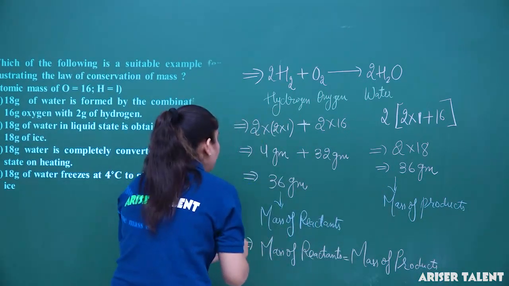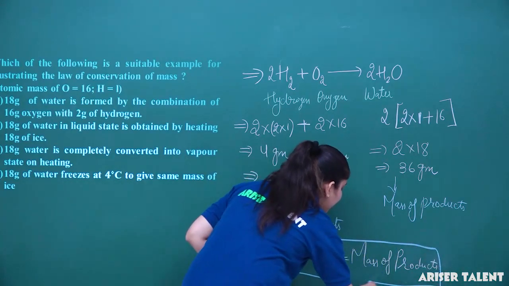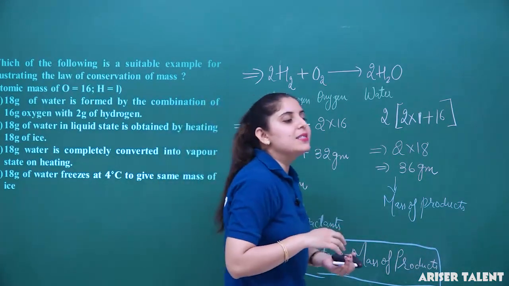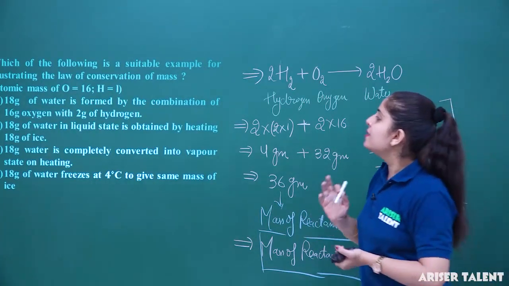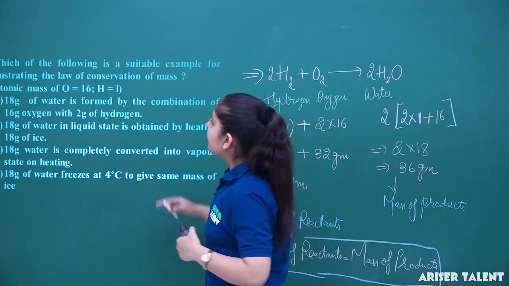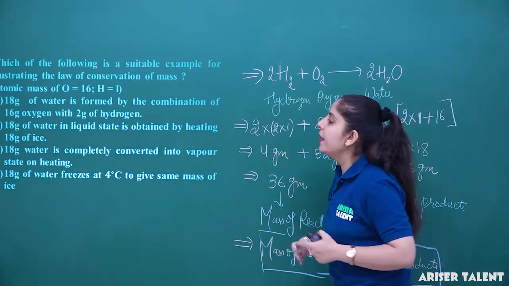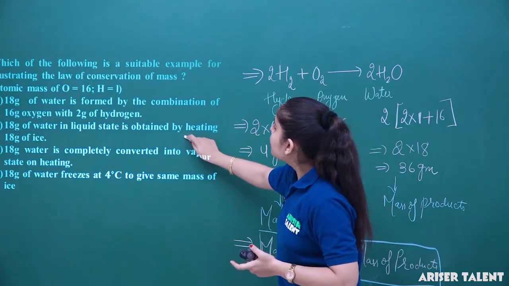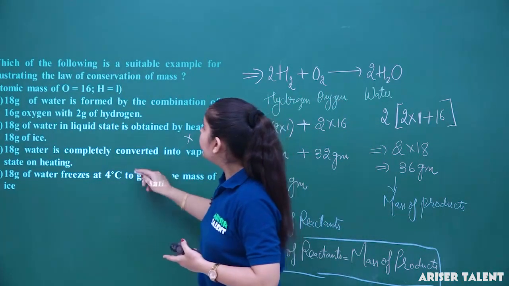So if the mass of the reactants is equal to the mass of the products, we can say that the law of conservation is applicable here. According to our solution, our first answer will be correct, but we have to check the other options too. 18 gram of water is obtained by heating 18 gram of ice. This is not possible. 18 gram of water is completely converted into vapor state.